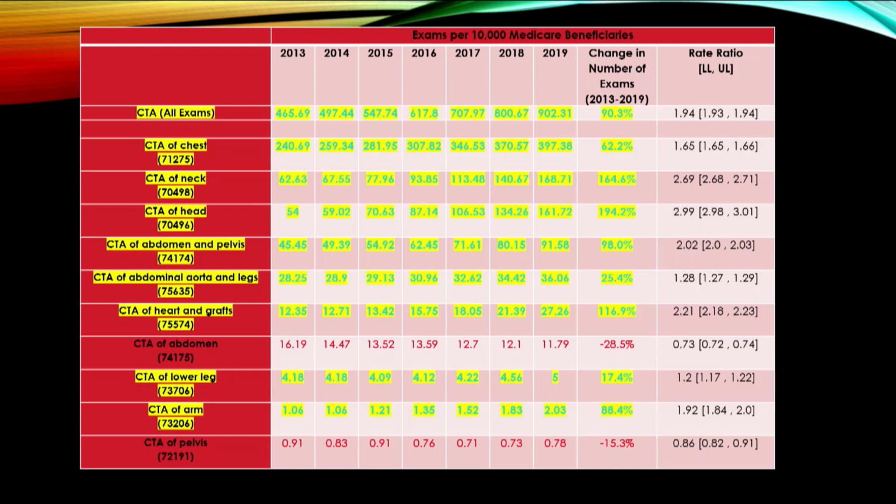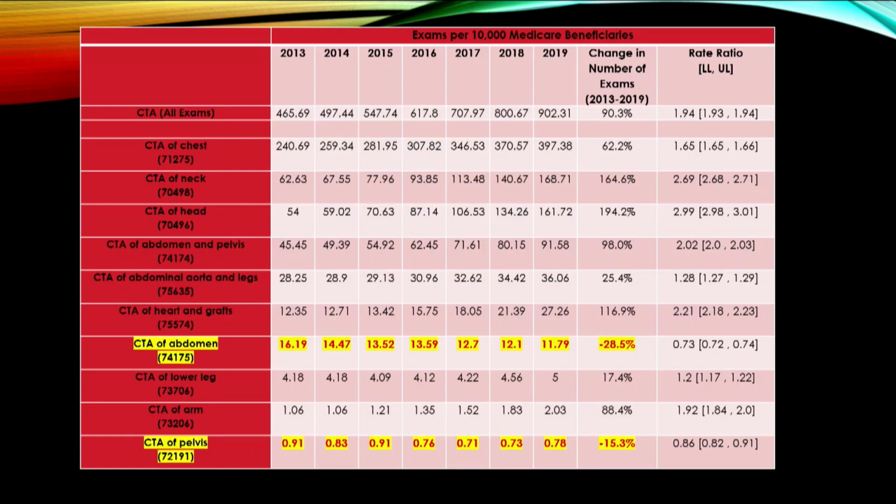There was positive growth for most of the exams, especially the ones that are utilized most frequently, sometimes over 100%. Only 2 exams saw decreases in use over the time period, CTA of the abdomen and CTA of the pelvis.